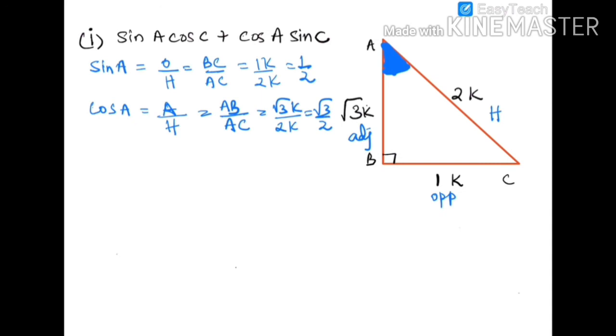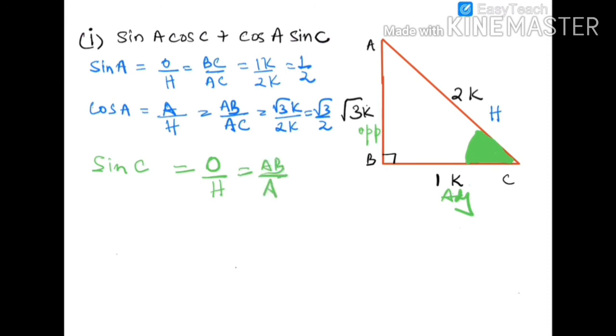Now let's write down the ratios for angle C. So we will mark angle C with another color and mark the opposite side and the adjacent sides. So sine C is equal to opposite upon hypotenuse, which is equal to AB upon AC.